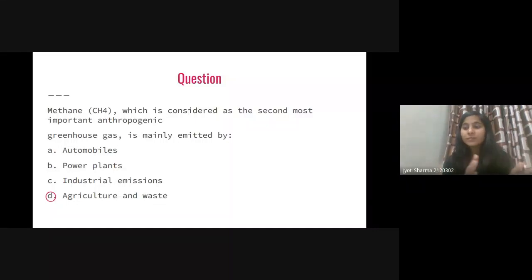There will be no presence of oxygen, so it will not give you carbon dioxide, but instead of CO2 it will give you CH4, instead of N2O it will give you NH3, that is ammonia.